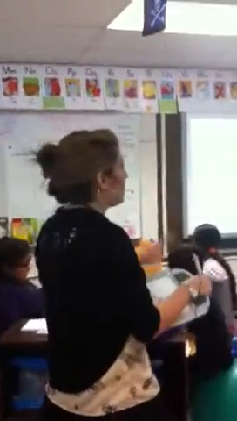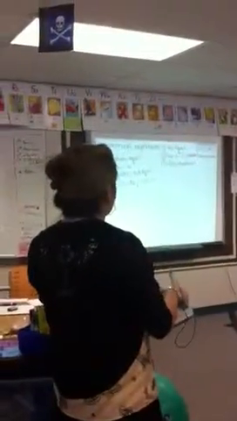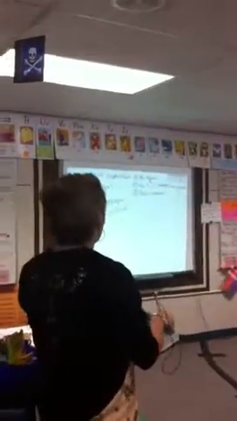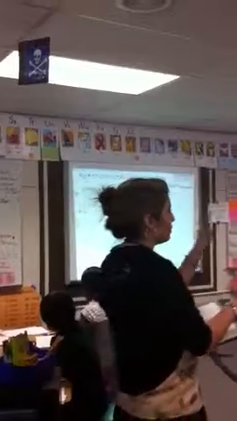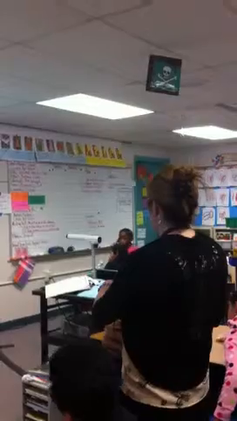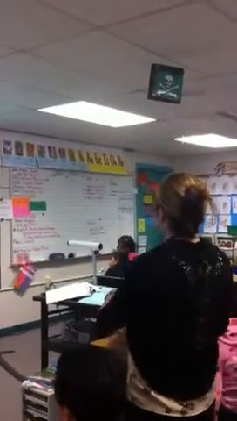So inequality is going to have 2 sides where they're not equal. Therefore, you're going to use the greater than or less than symbols. Equation means equal. So both sides are going to be equal, and you would use the equal sign in between. Okay? So numerical expression has no equal sign, so I need to put that down. Okay, no equal sign. It has no greater than or less than, so no comparison symbols, and it has numbers.